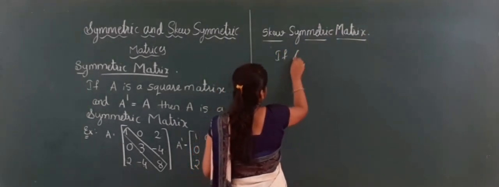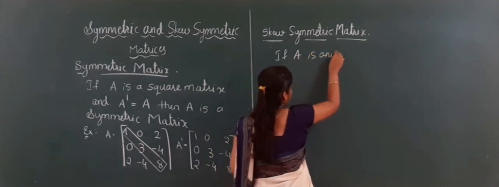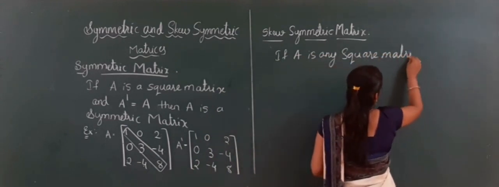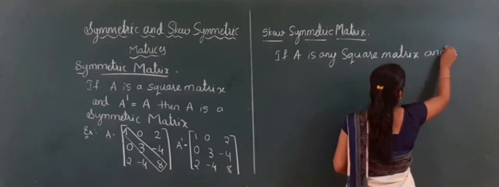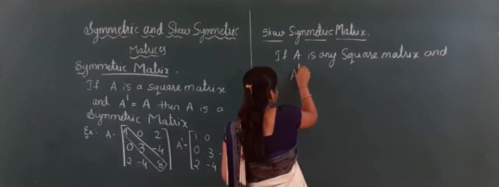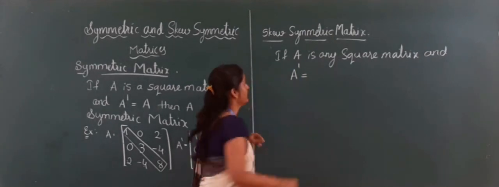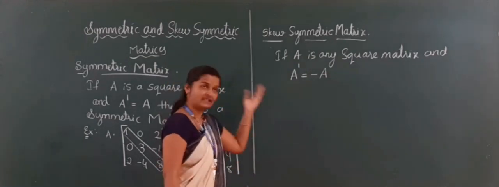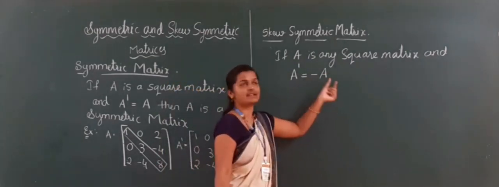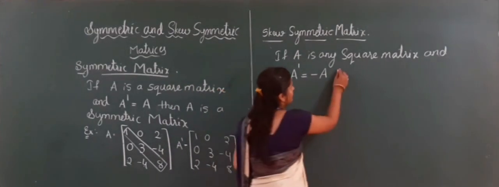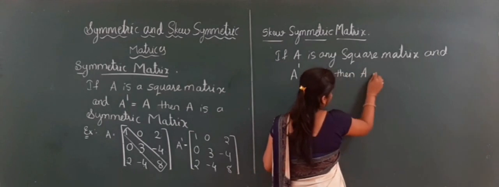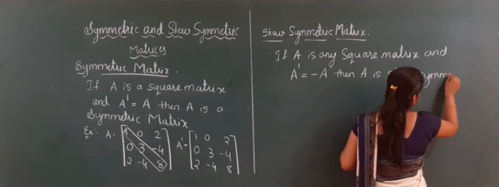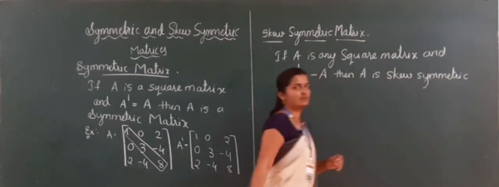If A is any square matrix and A transpose is equal to minus A. After applying the transpose, if we get minus A, then this matrix A is a skew symmetric matrix.